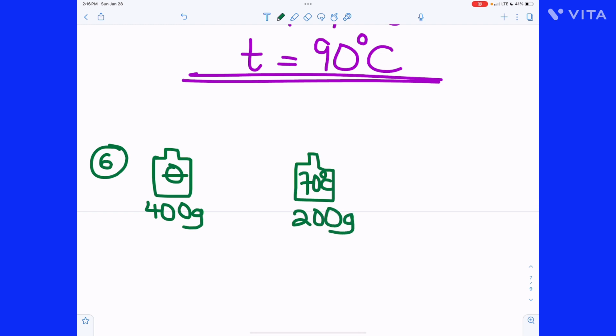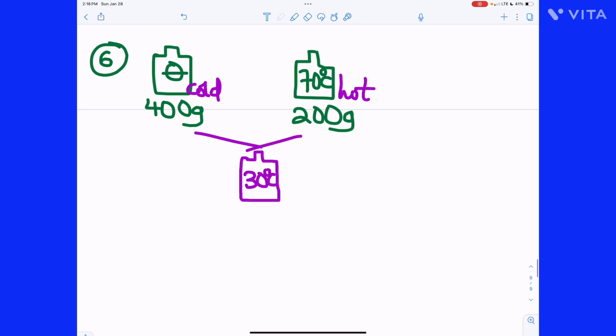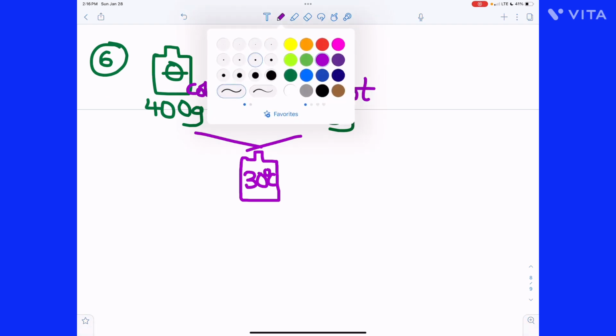Only 200 grams was mixed. At the end of the mixing, both came to 30 degrees Celsius. The question says we should find the temperature of the cold water. This one is cold, and this is hot water. That's simple. We do the same thing. Let's use blue here.